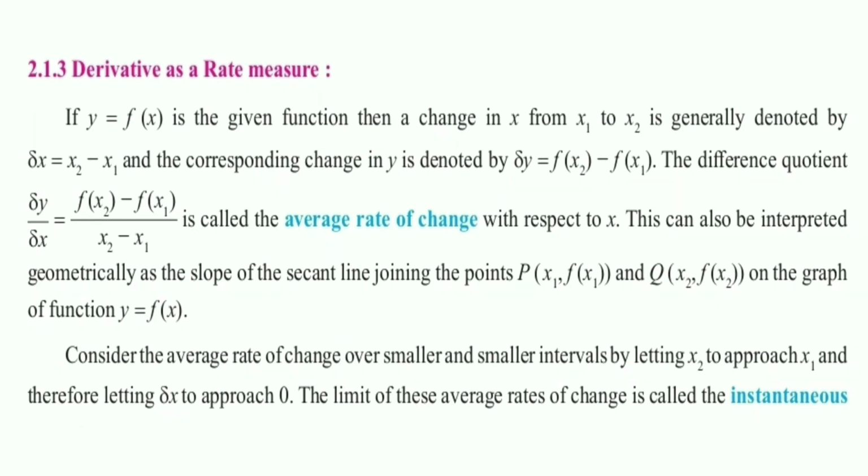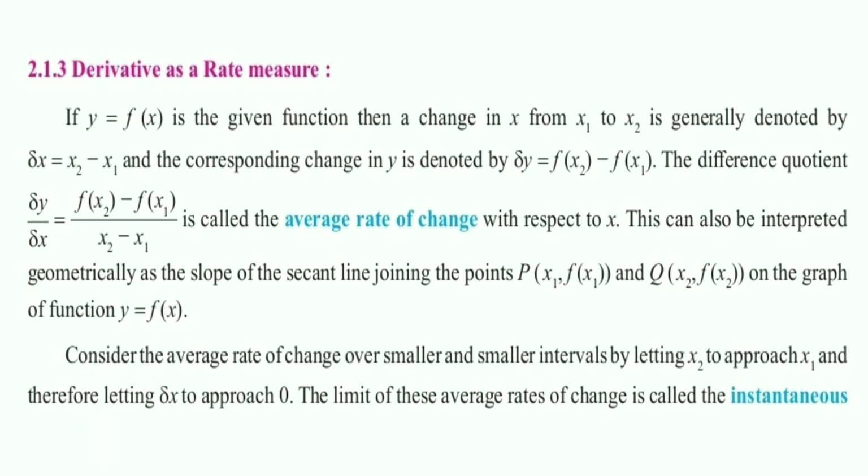The difference quotient delta y upon delta x equals f of x2 minus f of x1 divided by x2 minus x1 is called the average rate of change with respect to x.